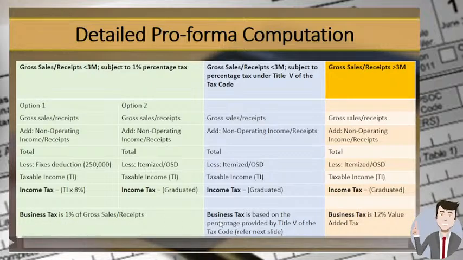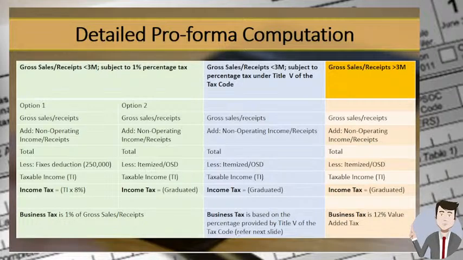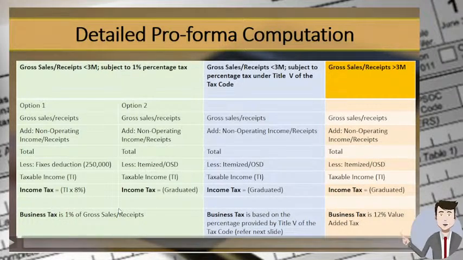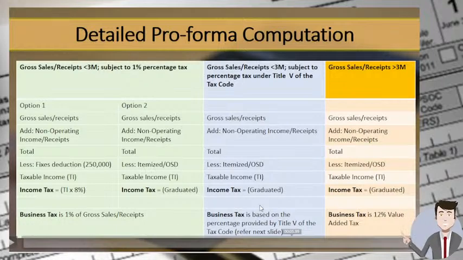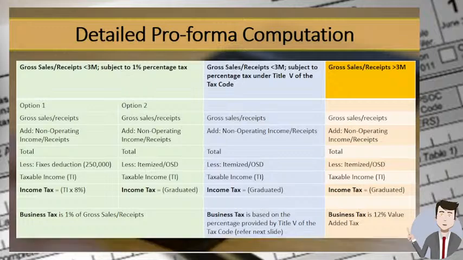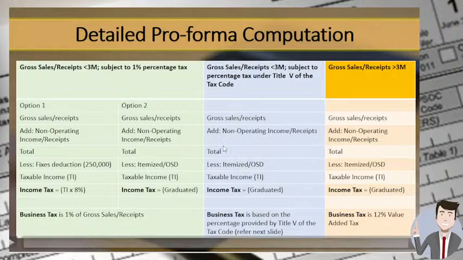This is just for illustration purposes. Business taxes are not covered under this subject; that will be discussed in Tax 2. But I have provided a brief comparison so you can appreciate the relationship between income tax and business tax for taxpayers under different levels of gross income.